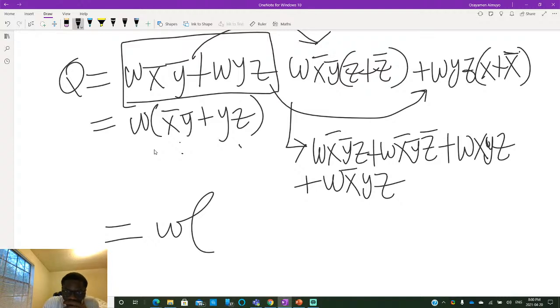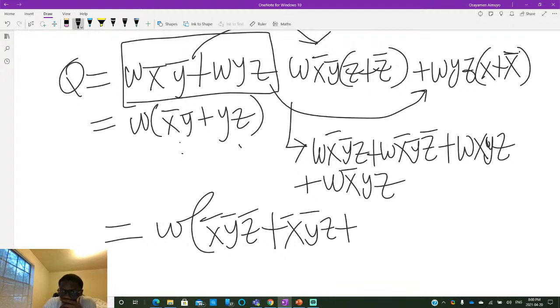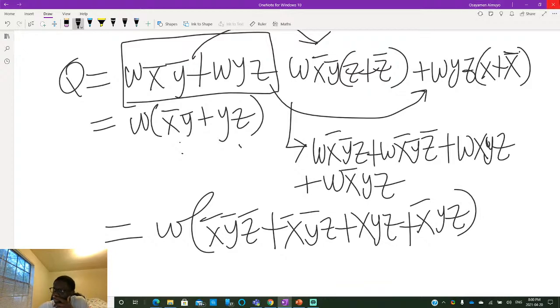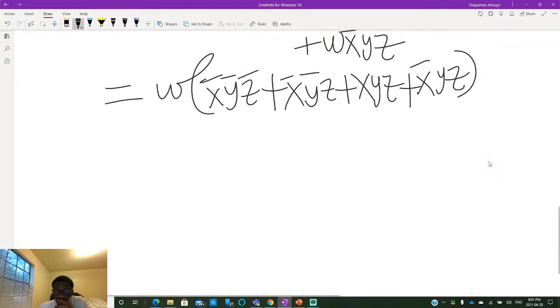So if you factor out a W, you have X bar, Y bar, Z bar, or X bar, Y bar, Z, or X, Y, Z, or X bar, Y, Z. Now notice that these terms are basically minterms of some combination of X, Y, and Z, right?